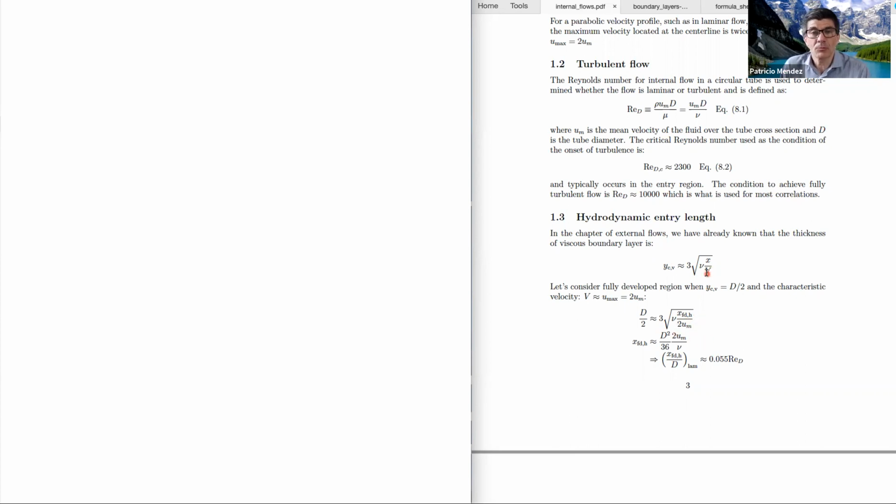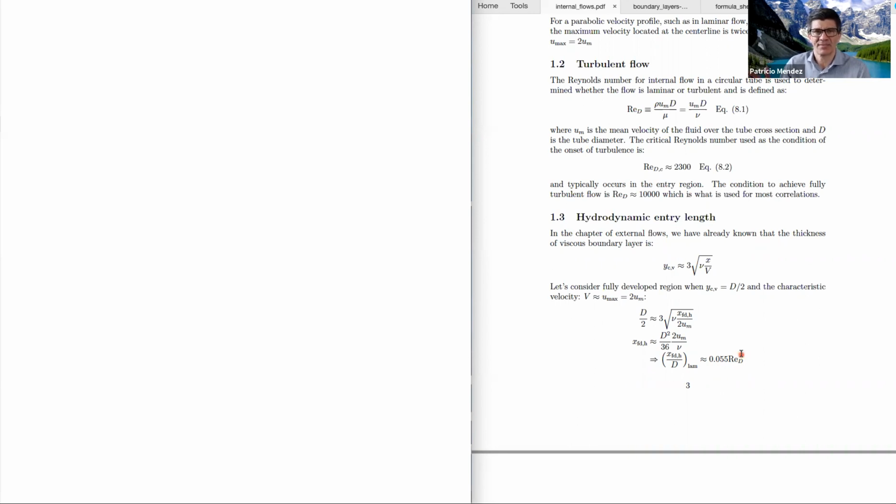And what velocity did we decide to use? 2 times the average velocity, because it's the maximum, right? That's the maximum velocity. If I solve for this, I get that the entry length, x_fd,h, what a name, the entry length divided by the diameter is 0.055 Reynolds diameter.